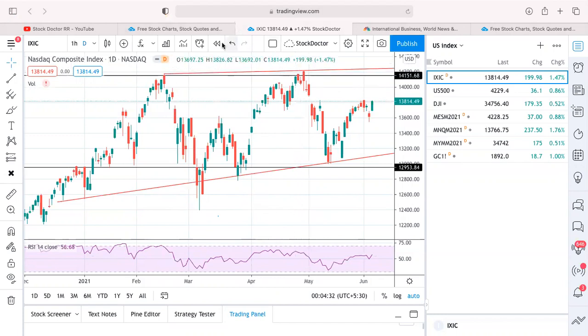These two places, the index has resistance, this is the first and this is the second top. So now we know that the index is facing resistance here.